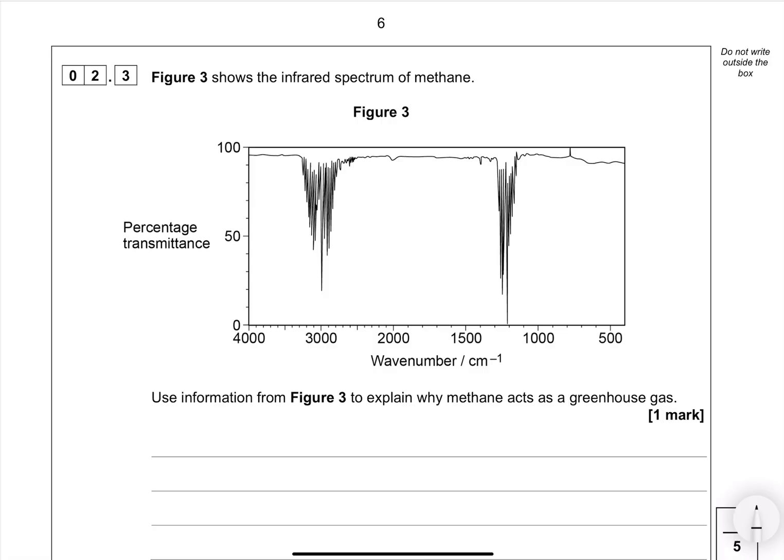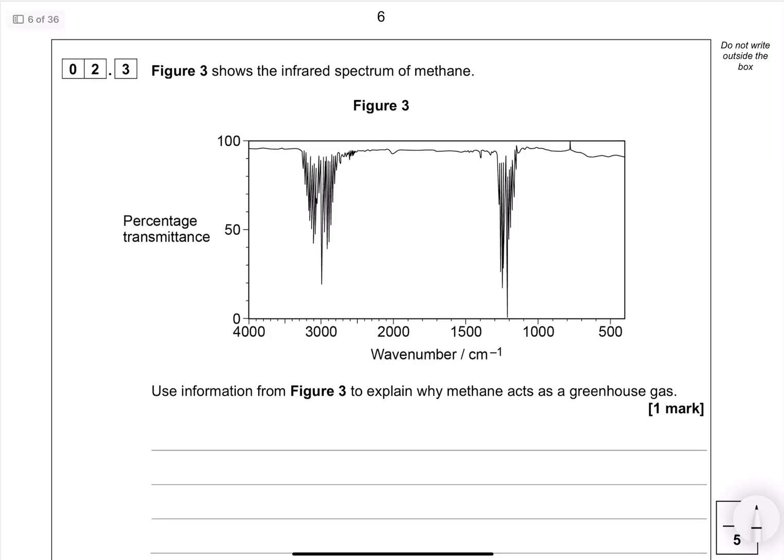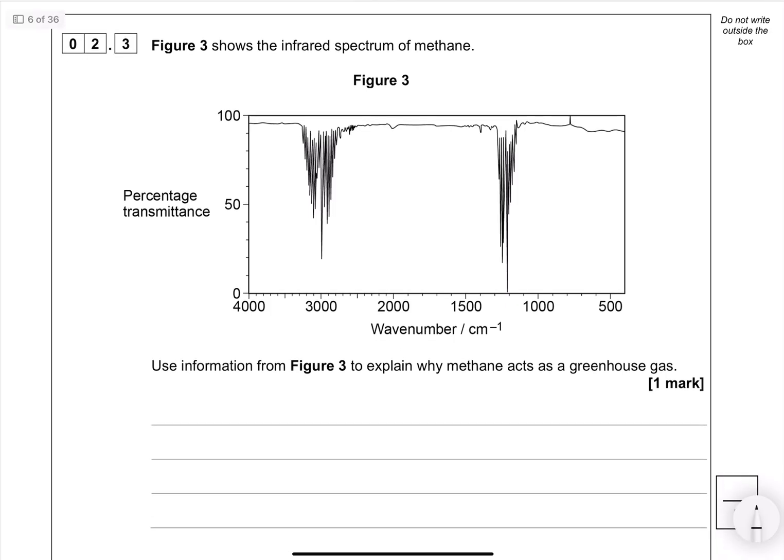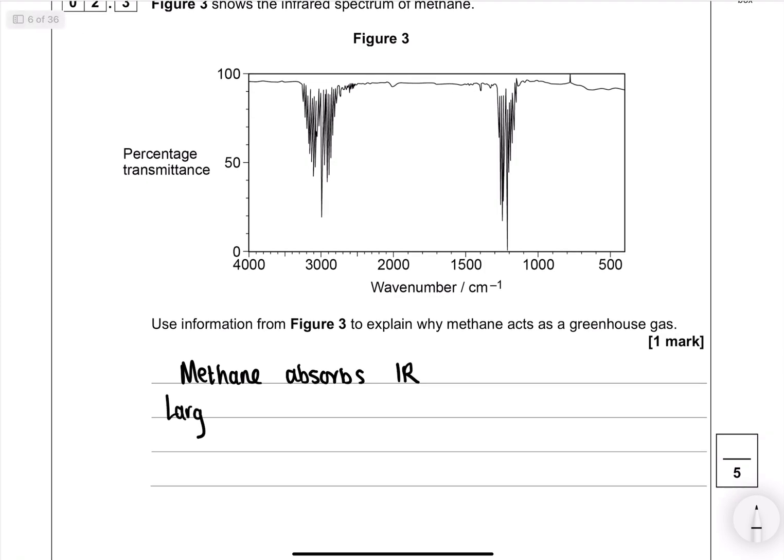So we just need to be looking at why this can absorb infrared, and we've got some big peaks, so it's obvious that methane absorbs infrared. There's a large absorption around 3,000 centimetres to the -1, and another one at around 1,200. But just to say that there's an absorption of infrared is good enough.